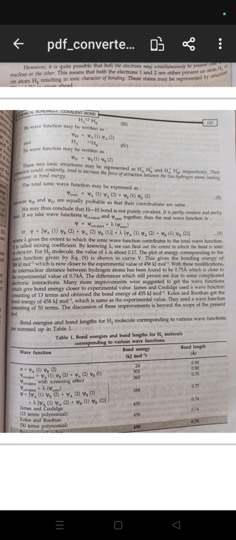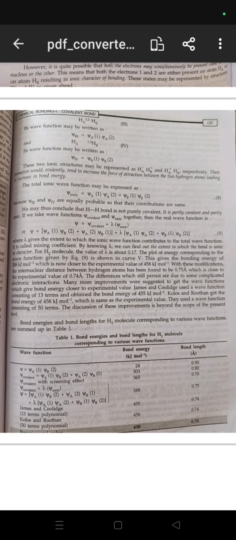With these modifications, the internuclear distance between hydrogen atoms has been found to be 0.75 Angstrom, which is close to the experimental value of 0.74 Angstrom. The differences that still persist are due to some complicated electronic interactions.